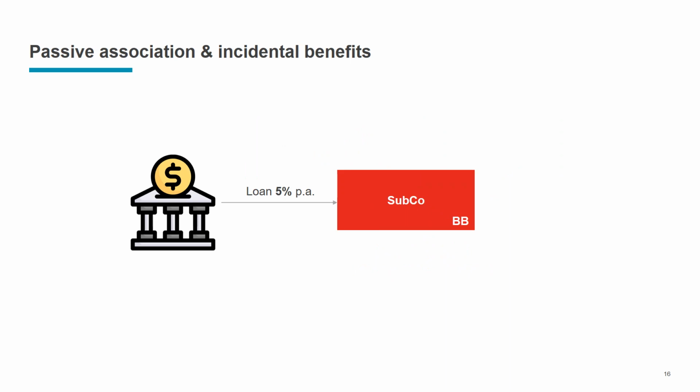So credit rating is a measurement of how good this company is as a loan recipient, so how creditworthy Subco is. In this case, Subco is granted a credit rating of BB, and the third-party bank is ready to provide the loan to Subco for 5% interest per annum.